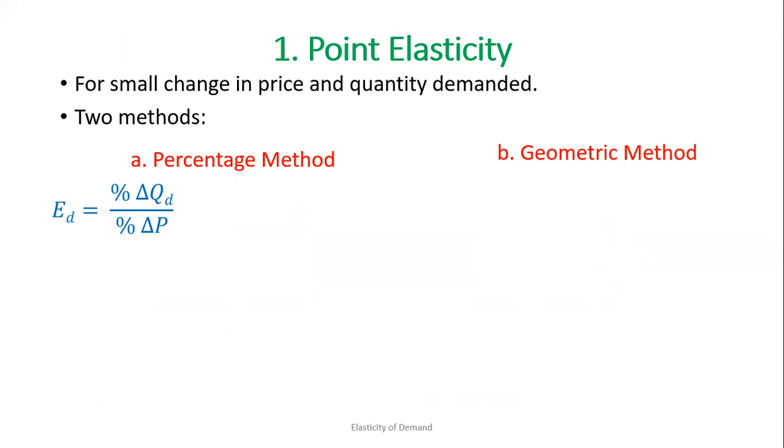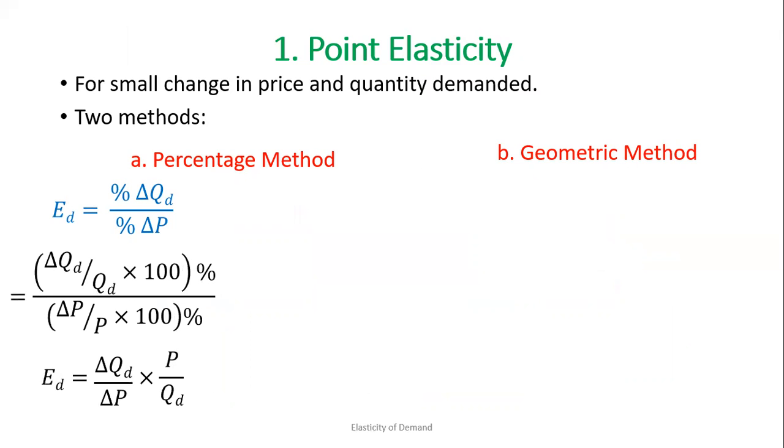And as we already discussed, the percentage change in a variable can be measured by dividing the change in the variable by its base value and multiplying it by 100. Simplifying this gives us the final formula, which is delta Q over delta P multiplied by P over Q.